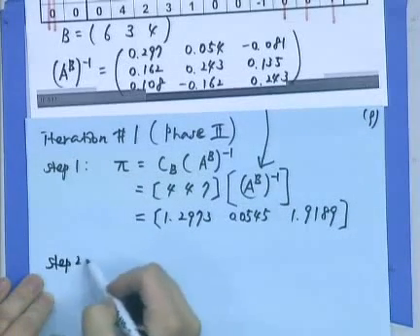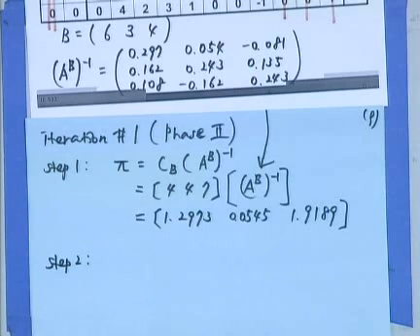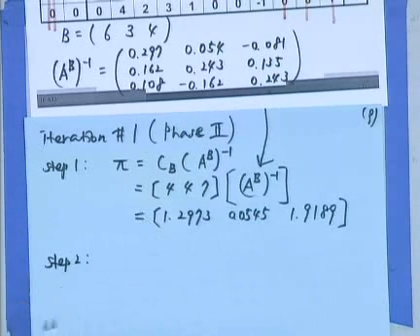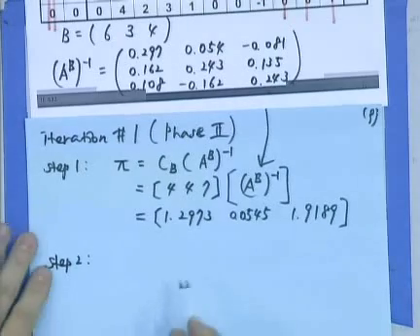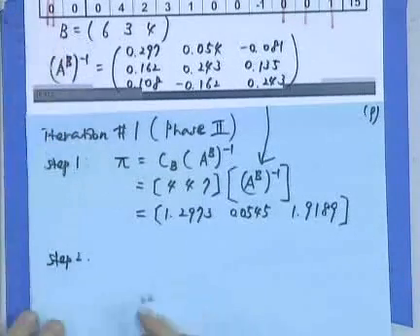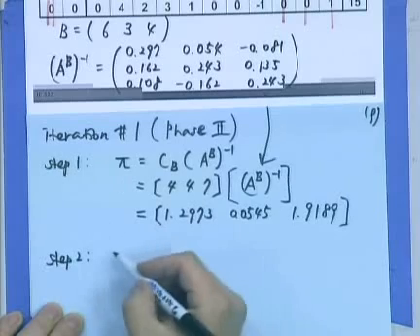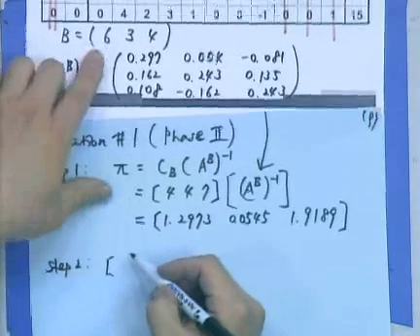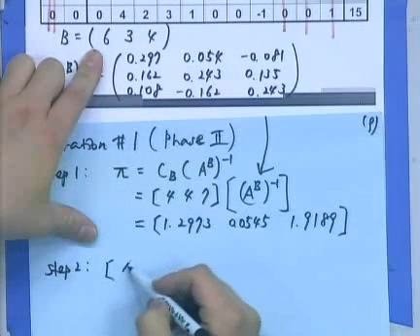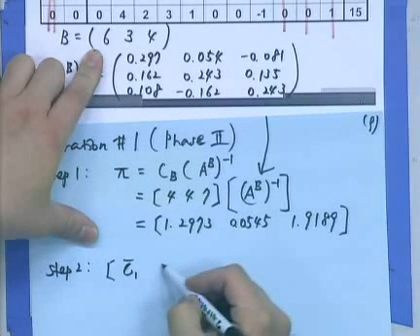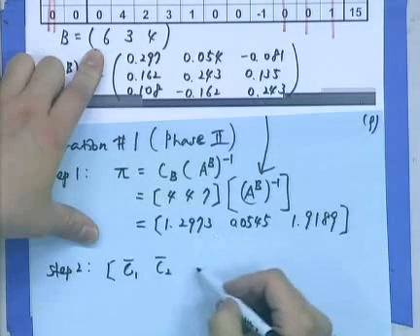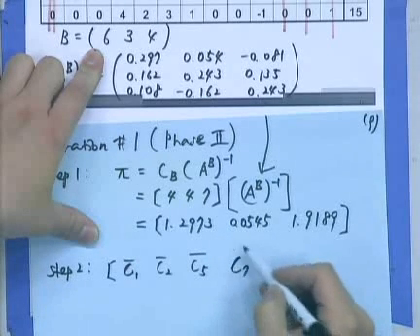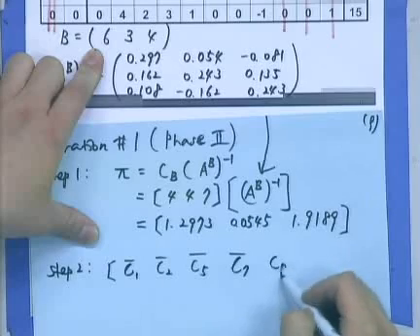Next step is to compute the reduced cost for non-basic variables. Currently, the non-basic variables are x1, x2, x5, x7, and x8, right?